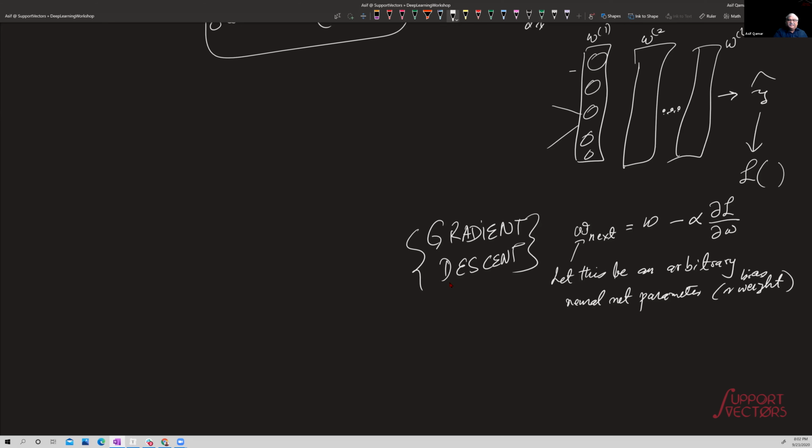Now you notice that I'm using a notation. I'm not using dL/dW. I'm instead using this funny symbol, partial. This is called a partial. And this acknowledges the fact that the loss function doesn't depend on just this weight. It depends on all the other hundreds of weights. If any one of them changes, the loss would change.